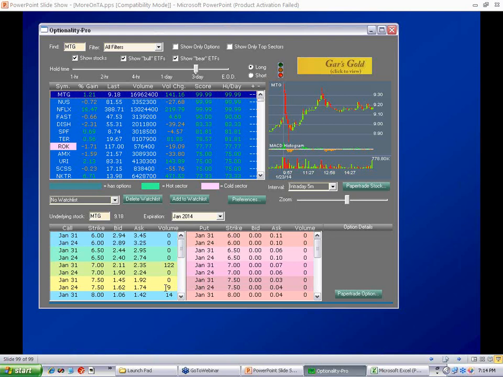Any suggestions on trading 52-week highs? No, not really. I don't know of any reliable methods of using that data. As a matter of fact, I find that when it's hit 52-week highs, it's probably overdue for a correction.